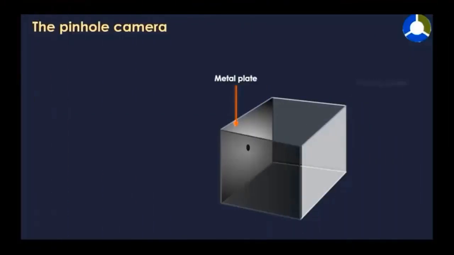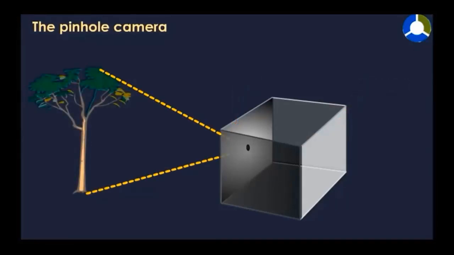A pinhole camera consists of a box with a small hole in a metal plate at one end and a screen of tracing paper or frosted glass at the other end. If the camera is pointed towards a tree, an inverted diminished image of the tree is formed on the screen.